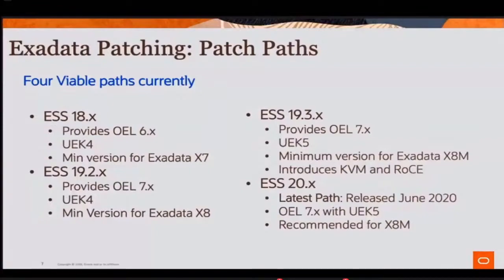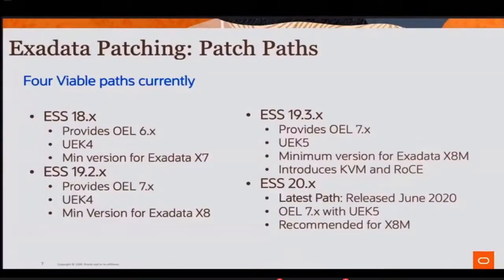So what happens if you want to have OEL 7 with UEK 5? That leads you to ESS 19.3.x. The 19.3.x path is the minimum version that's supported on an Exadata X8M.